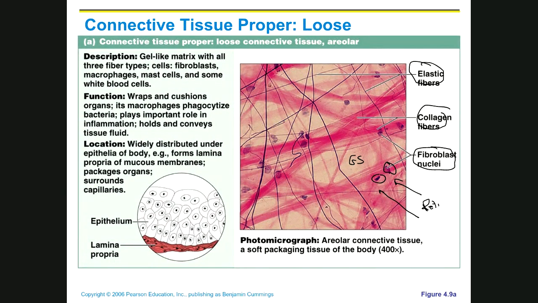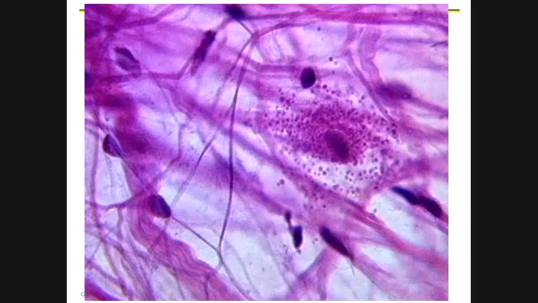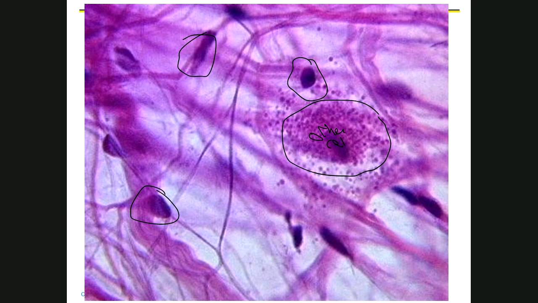So in other words, this is what this tissue looks like. You blow it up, it looks like this. So look, here are fibroblasts. But this is not a fibroblast. Look at it. That's a different kind of cell. We can have other cells in here as well. But mostly what we have are fibroblasts. And then here's those pink fibers. What are the pink fibers? Anybody remember? Big, thick, pink fibers.